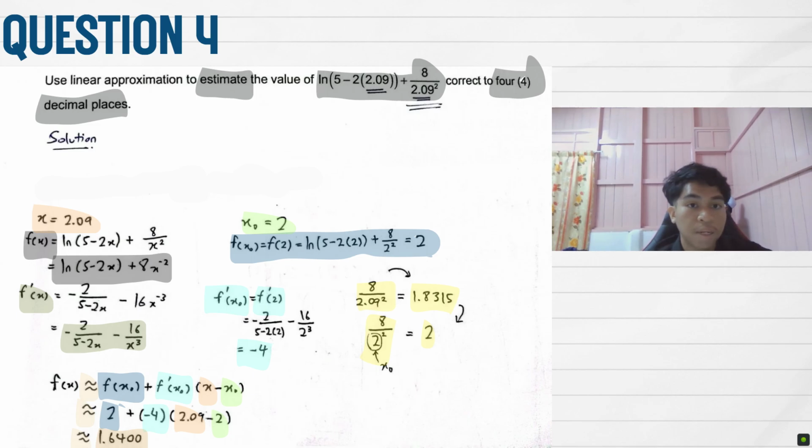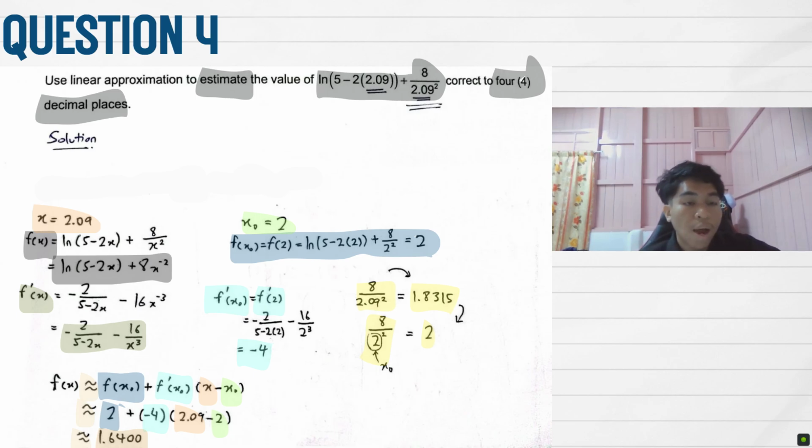After that, we have to find the f(x) approximation. We just substitute the 2, which is ln(5 minus 2 multiplied by 2) plus 8 over 2 squared, which is 2. After that, we have to differentiate the function, which is negative 2 over 5 minus 2x minus 16 over x cubed.